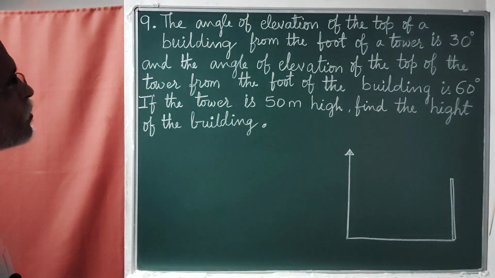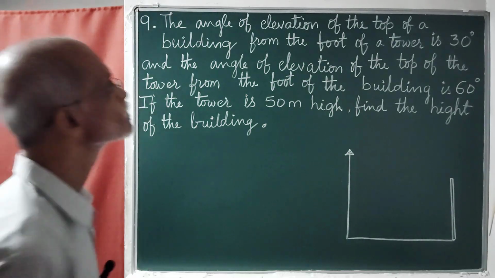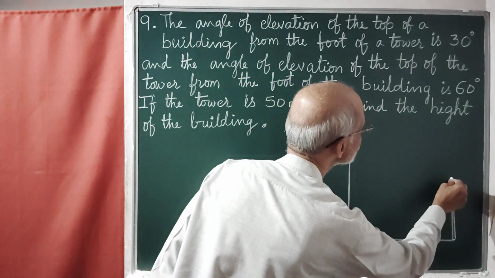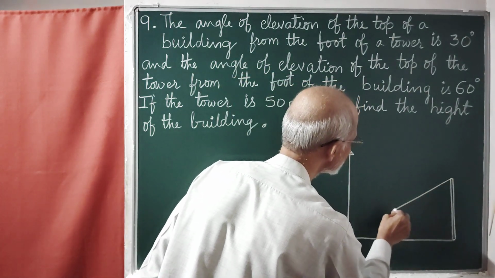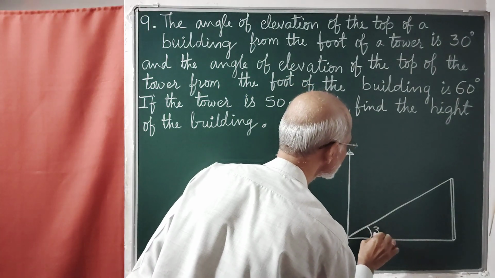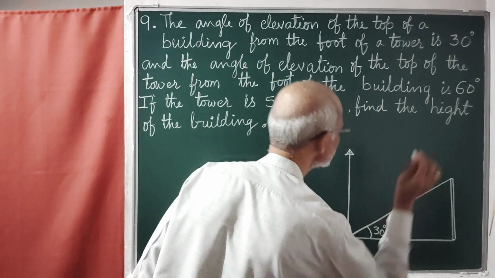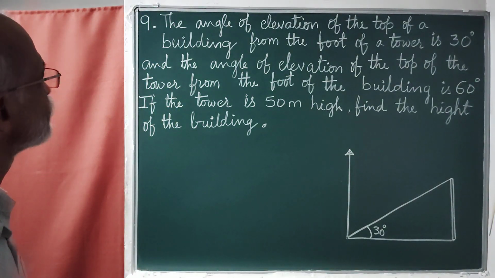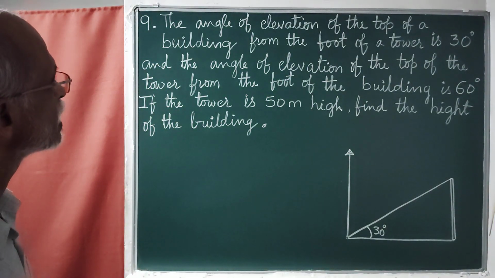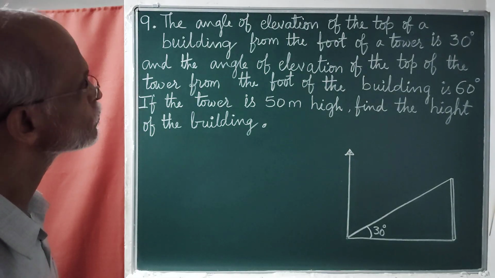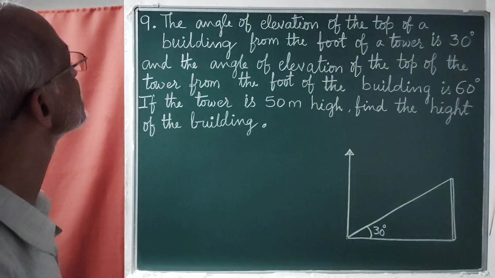Now the angle of elevation of the top of the building from the foot of the tower, it is 30 degrees. This is 30 degrees. And the angle of elevation of the top of the tower from the foot of the building is 60 degrees.